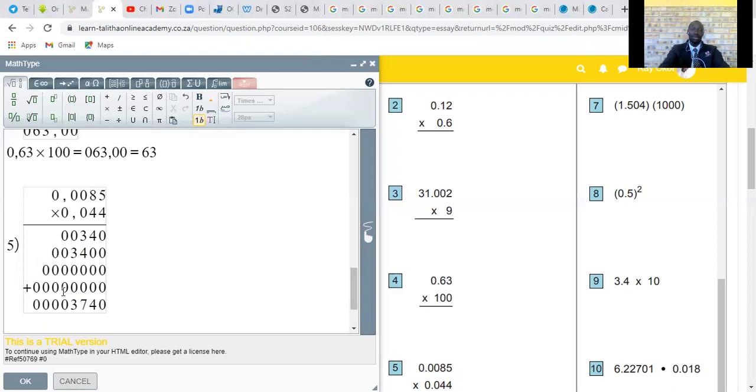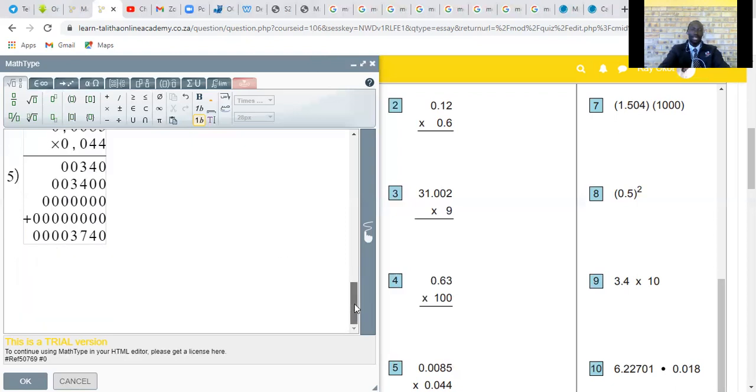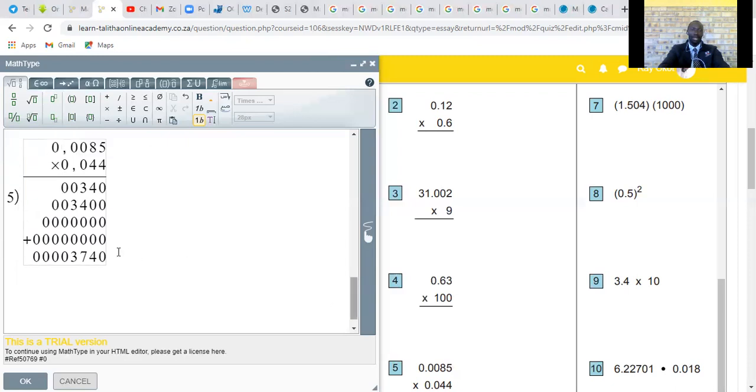And so to conclude, we can then say that the product of 0.0085 and 0.044 gives us, well, we counted the number of decimal places, but we had not yet placed it.